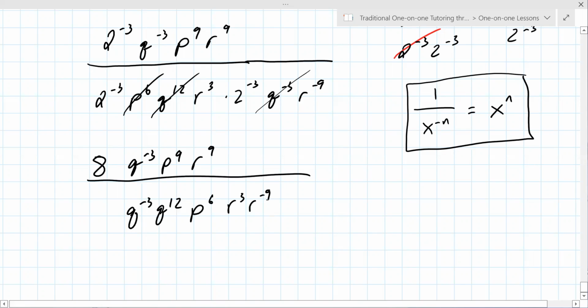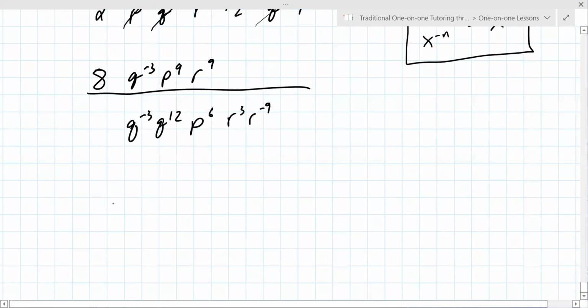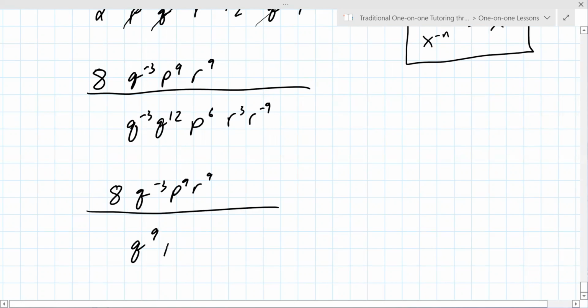Just kind of reordering them to make them a little easier to work with. A lot of rewriting here. I mean, you could try to manipulate them as you go. That's Q to the 9th, P to the 6th, R to the minus 6. That's minus 3 plus 12. And then 3 plus minus 9.